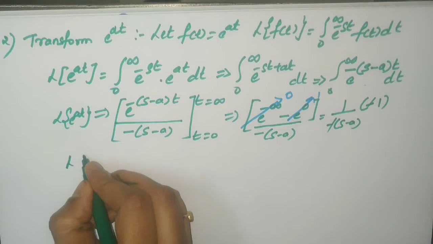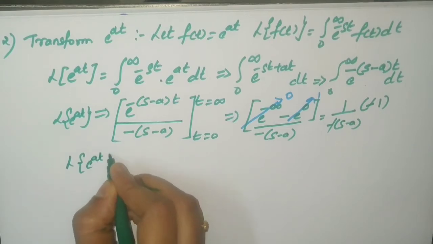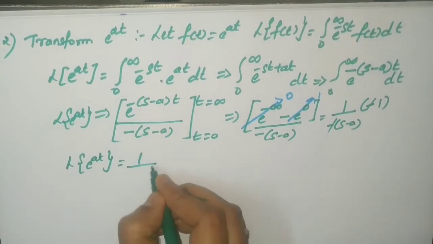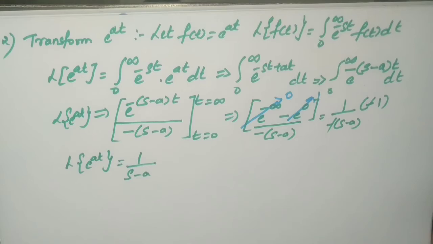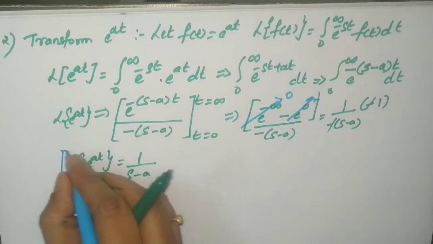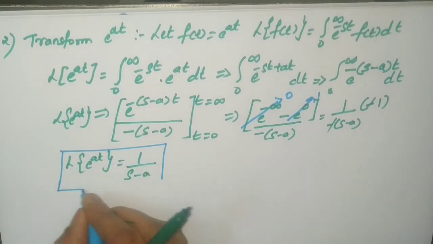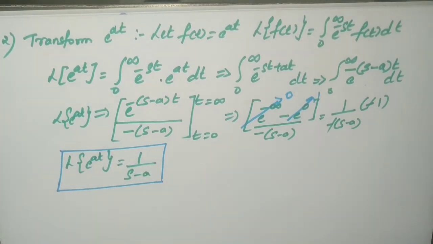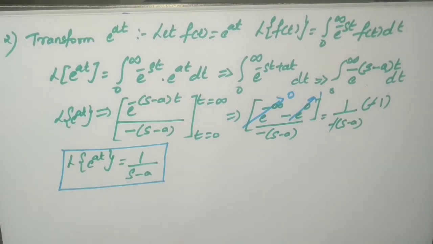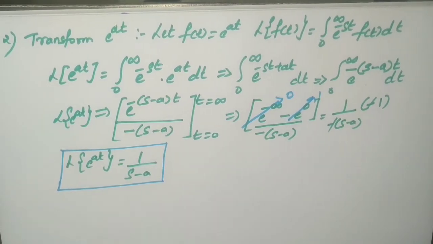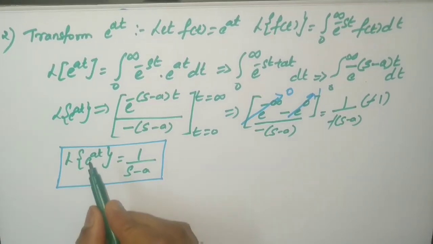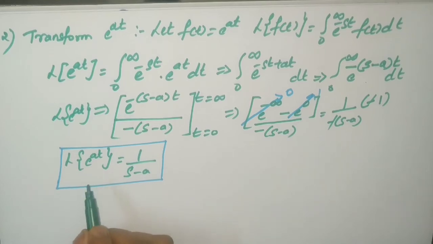So Laplace transform of e power at can be written as 1 by s minus a. This is the standard formula when you have Laplace transform with exponential. This is our second transformation.